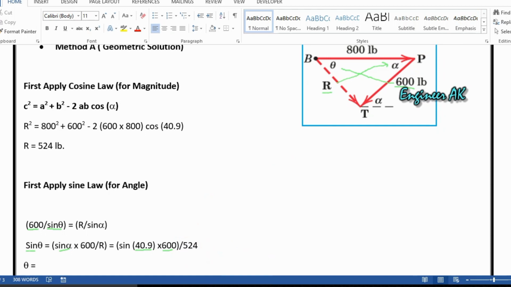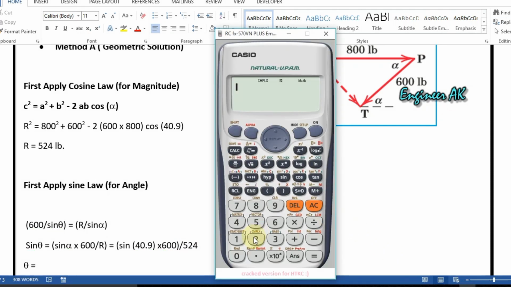So if we plug these values into the calculator: sine 40.9, multiply by 600 and divided by 524, and here it is sine, so when the sine moves over, it becomes sine inverse.